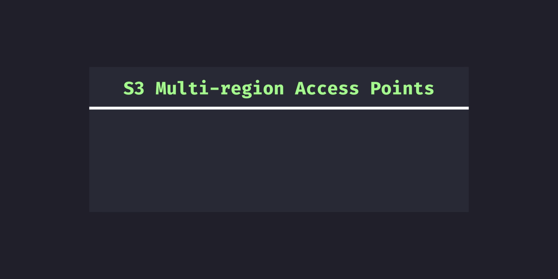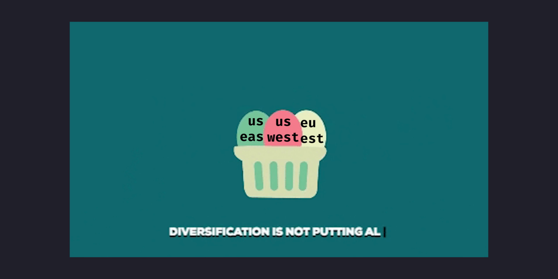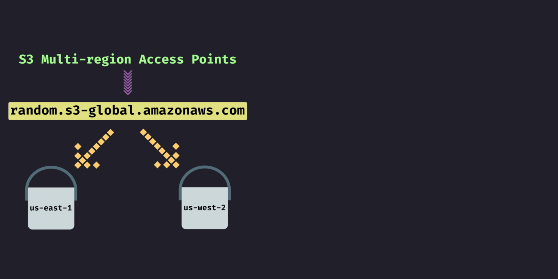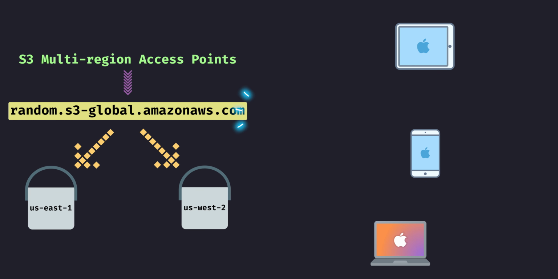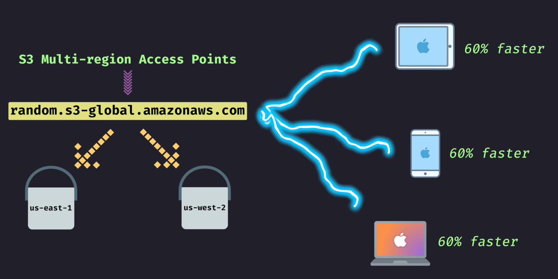Under the hood, it utilizes Amazon S3 cross-region replication to replicate objects from one or more source buckets to one or more destination buckets. Besides diversifying your data warehouse to reduce downtime, Amazon S3 multi-region access points also accelerate performance by up to 60% by considering factors like network congestion and the location of the requesting application.